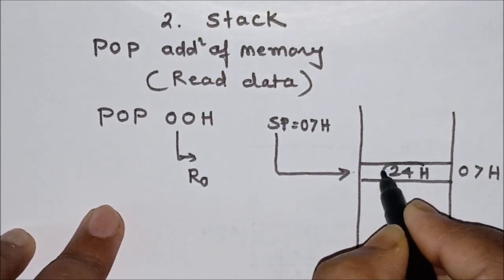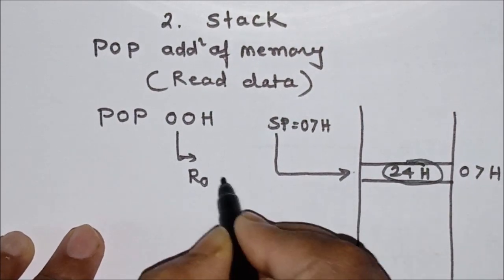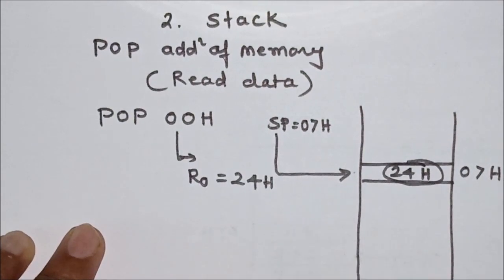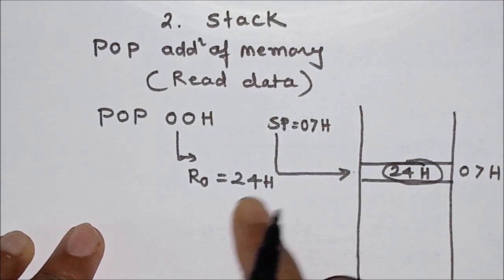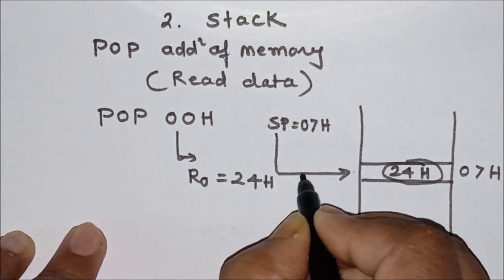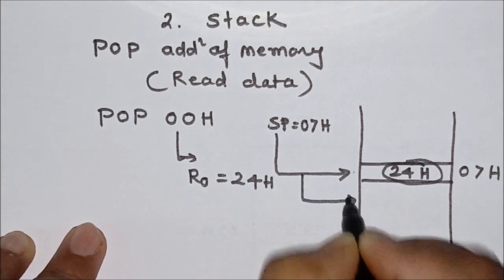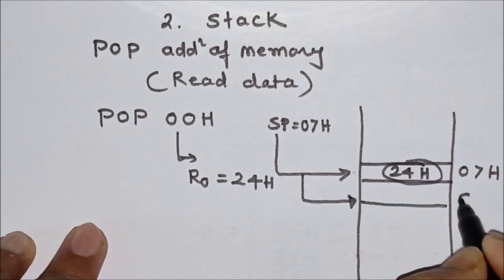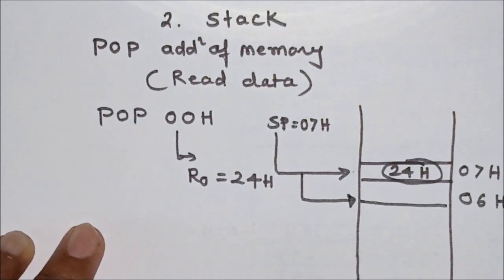It will first read this data, store it in address location. So in R0, 24H will be stored, and after performing this operation, stack pointer will be decremented by 1 and it will point to this memory, that is 06H.